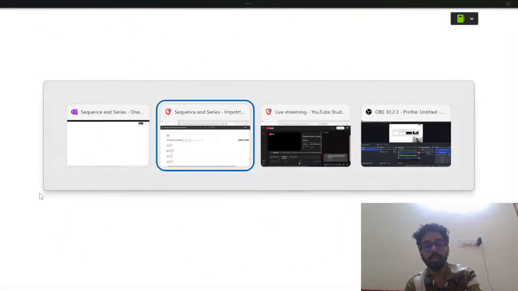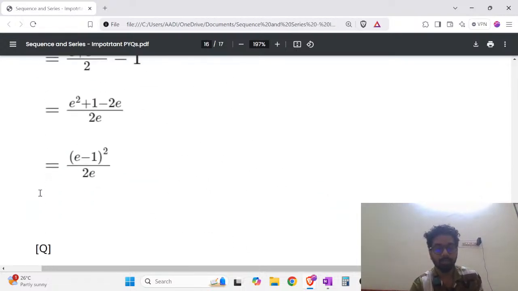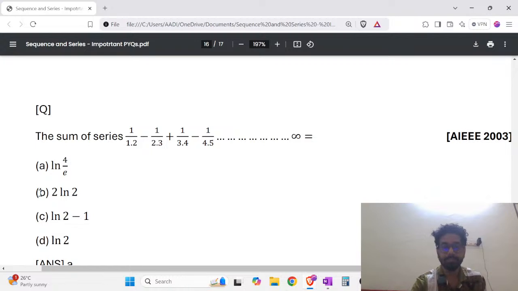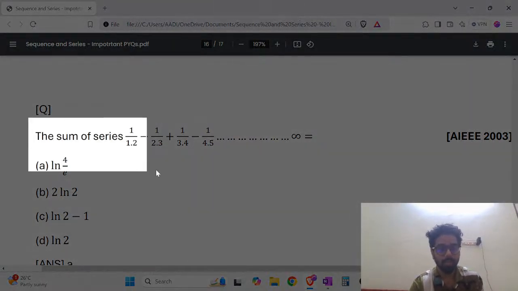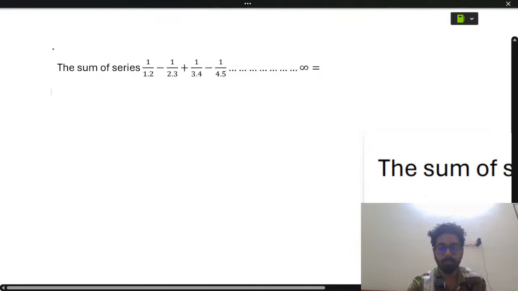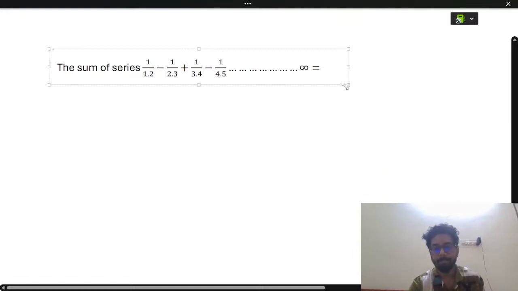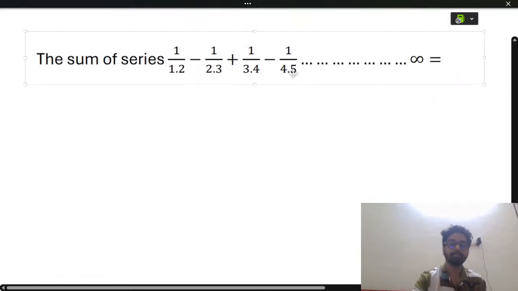Now we will do one question from logarithmic series, and I guess we are about to complete this whole chapter. This is going to the log part. Here the pattern is important.